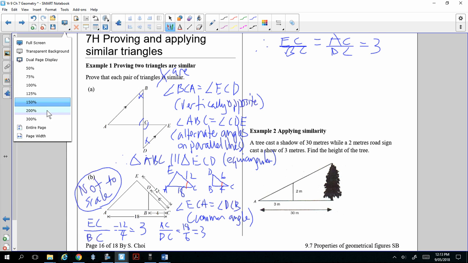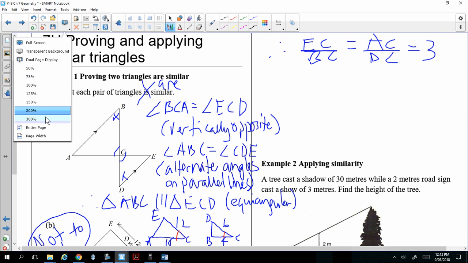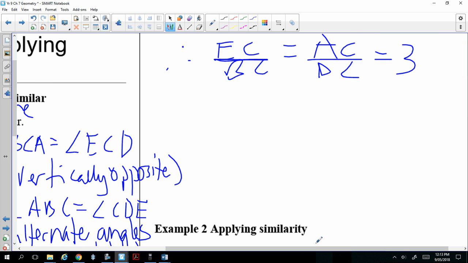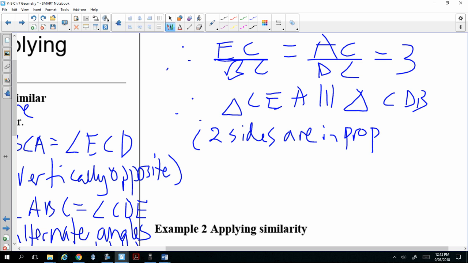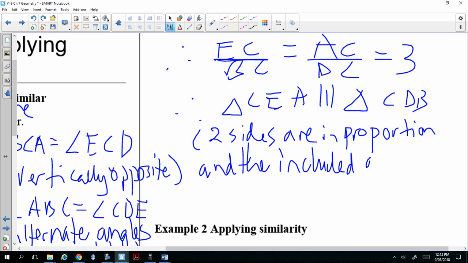You write down the conclusion: therefore, triangle CEA is similar to triangle CDB, and the rule is two sides are in proportion and the included angles are equal.